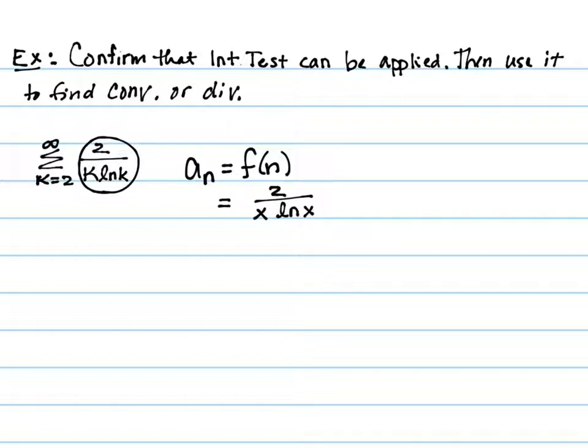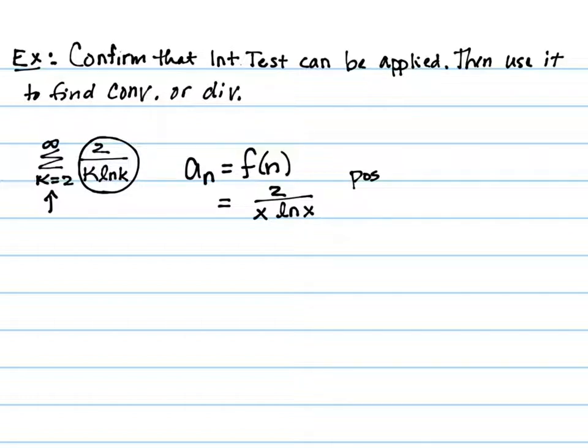So let's run through each of those and make sure that they work. The first one was that it's positive. The k value starts at 2, and similarly you could talk about x starting at 2. When x is 2 and beyond, is this always positive? Yeah, it's always positive. x itself is positive and it's in the denominator.